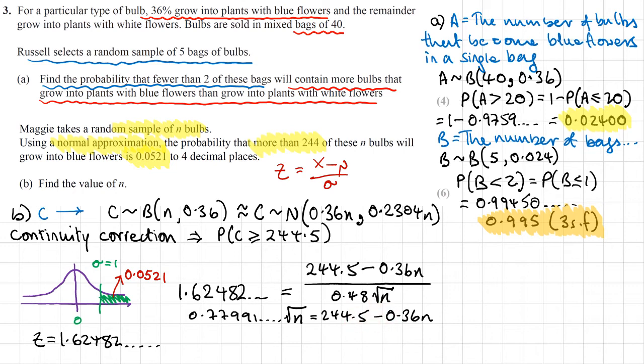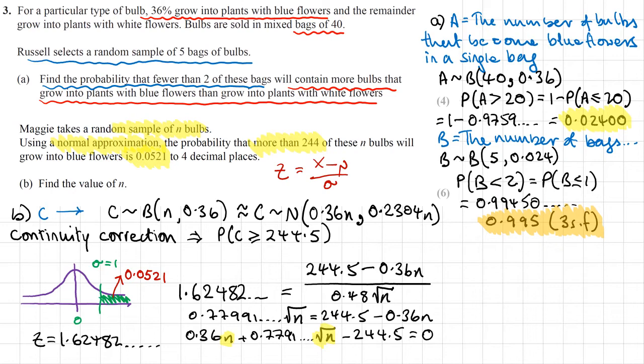So that will give me 0.36n plus this 0.7791 root n, and then minus 244.5 equals 0.